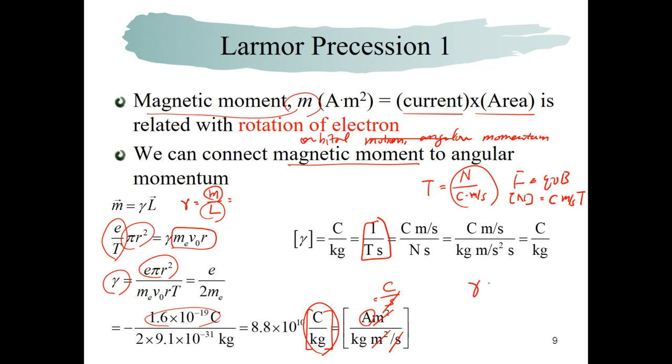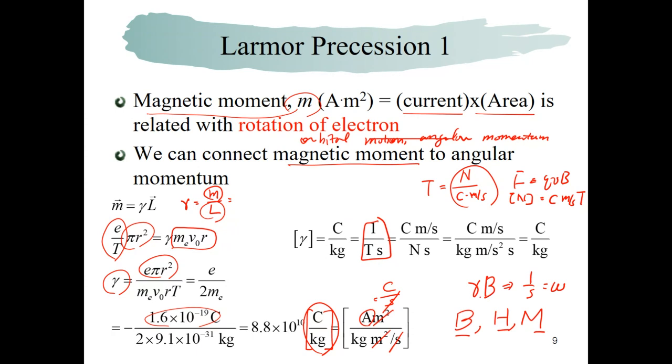Yeah, if we multiply the gamma with the field, it turns out 1 over sec. In other words, this is the unit of the frequency. So if we have an external field, B or maybe H or M, they are all related to the field unit.